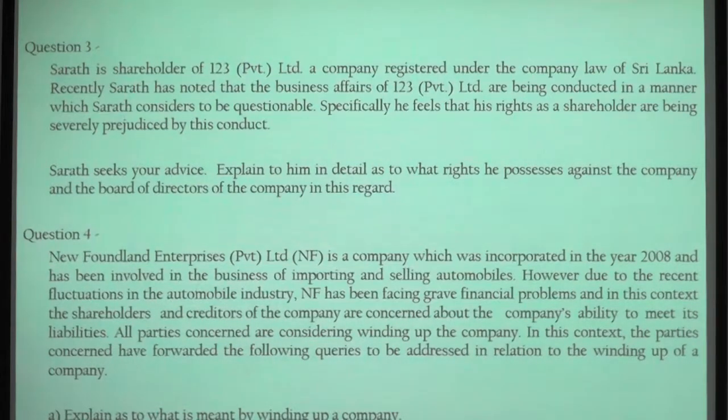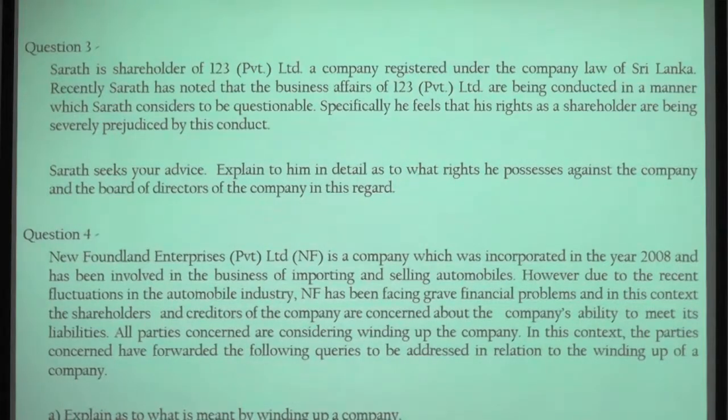Now, when you go back to the question, it states that the business affairs of 123 Private Limited are being conducted in a manner which Sarath considers to be questionable. Specifically, he feels that his rights as a shareholder are being severely prejudiced by this conduct.